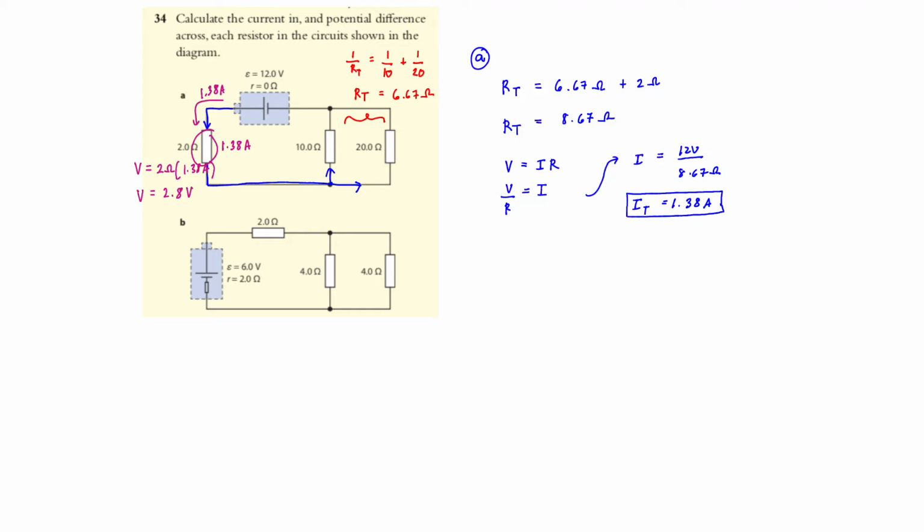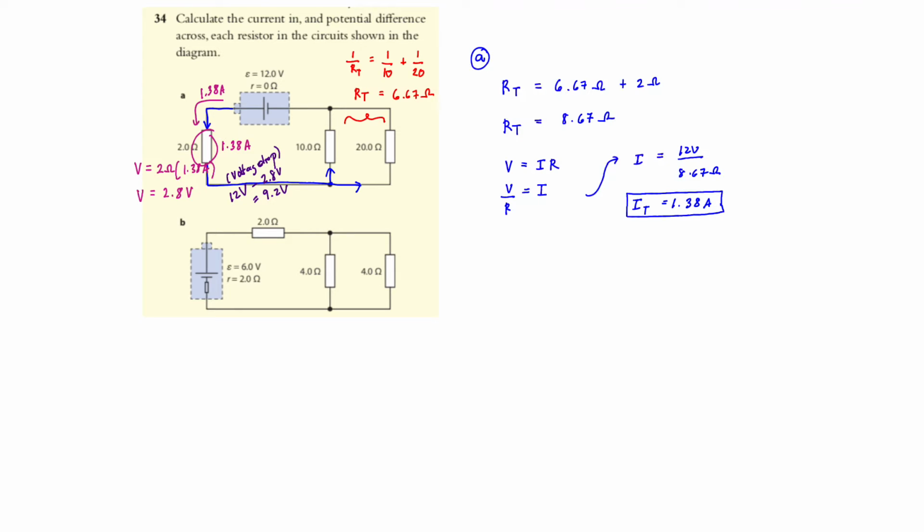Next, there is a voltage drop, and that is 12 volts minus 2.8 volts. So 12 minus 2.8 is 9.2. So here we're going to have 9.2.